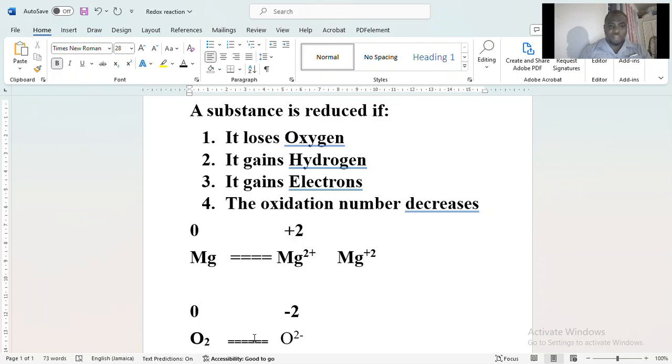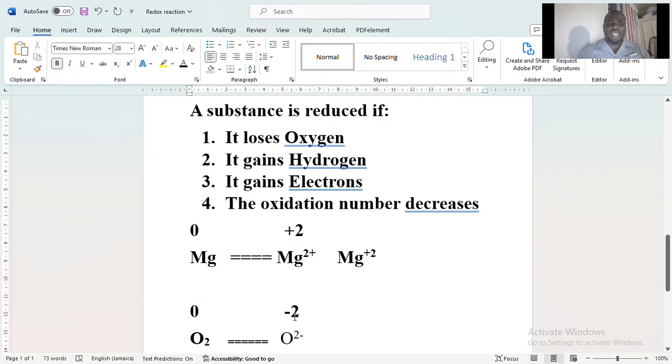It decreases. So it's decreasing, or it decreased. Now, what is happening if the oxidation number is decreasing? We know that it is being reduced.